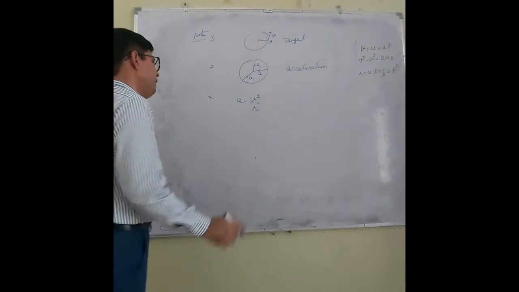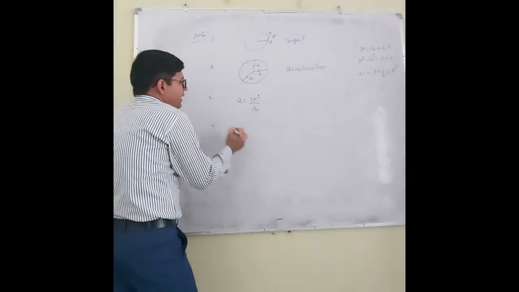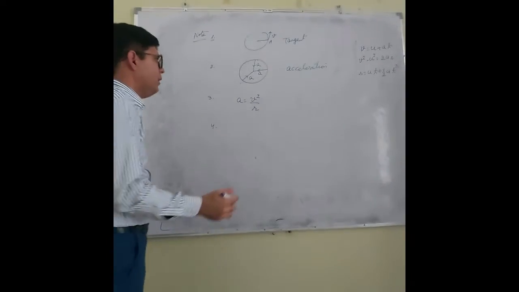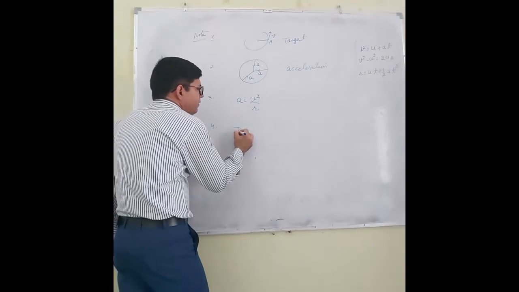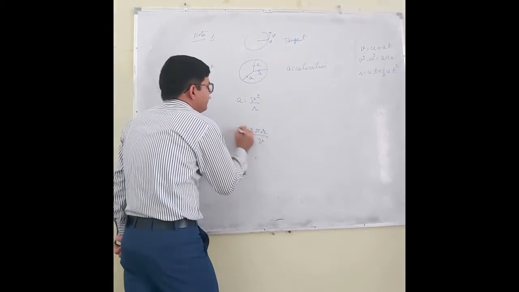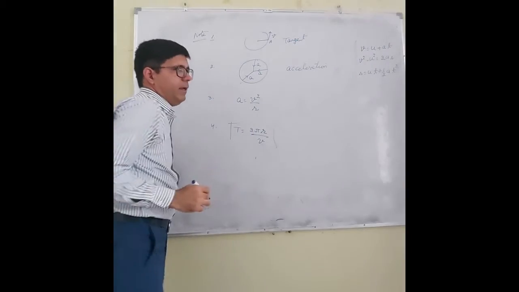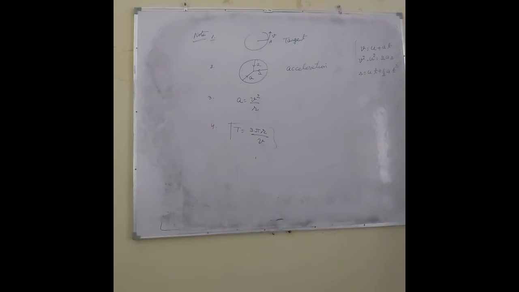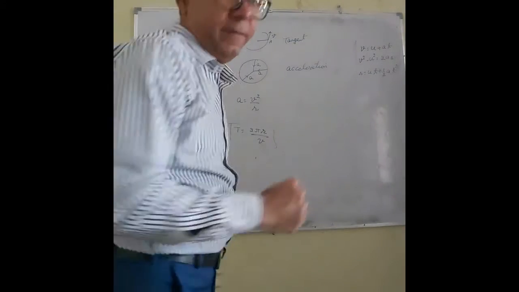The fourth point is that the time taken to complete one round around a circle is equal to 2 pi r divided by speed. Right? So let's do a few questions based on these points.